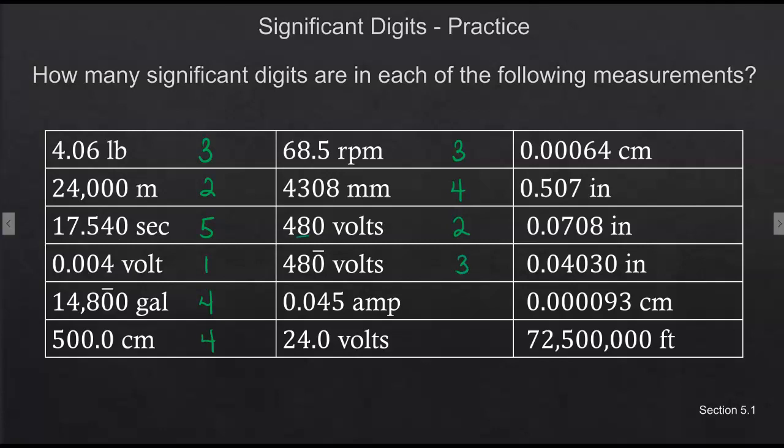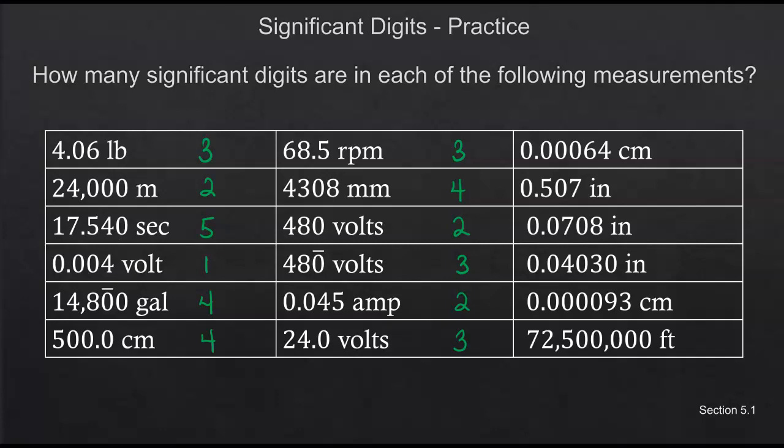That's basically saying this one is significant to the tens place, and this one is significant to the ones place, right? Because of the overbar. It has to do with the accuracy of the measurement. And then the next one is 2 significant digits because the zeros in front are not significant. And then the last one is 3.